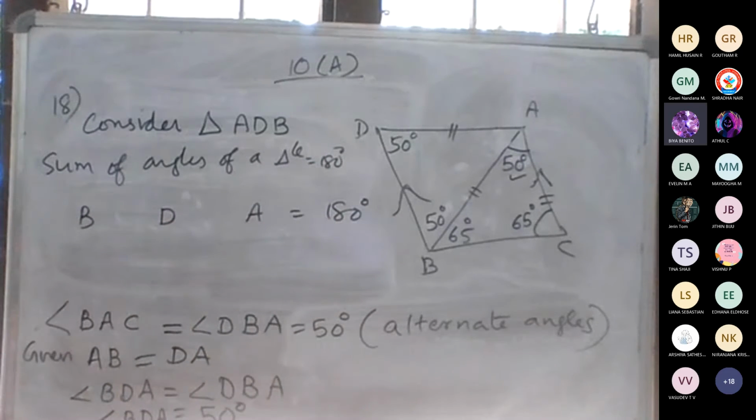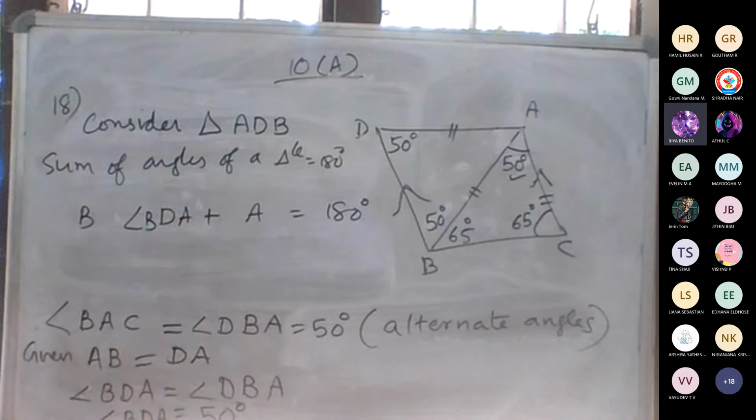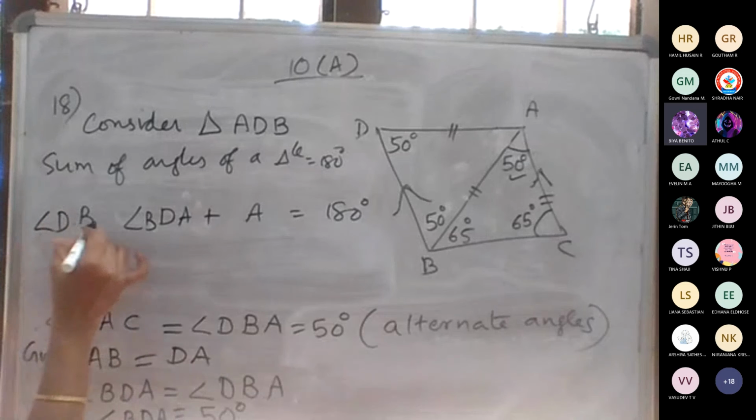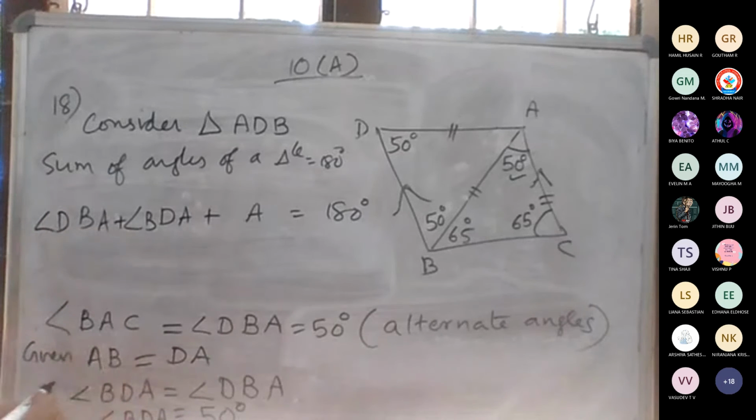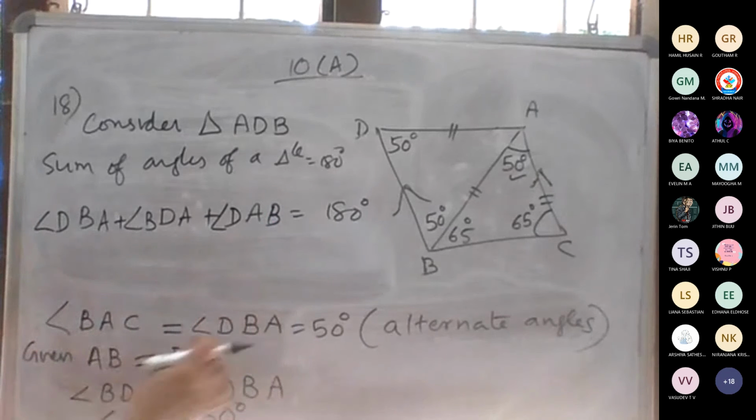So tell me, angle DBA plus angle BDA plus angle DAB is equal to 180 degree.